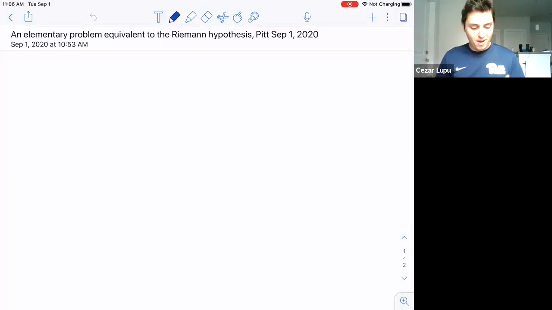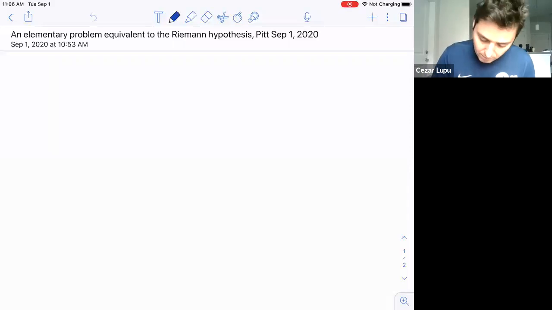But somehow I managed to put my hands on this paper, and I was very fascinated because it was such an elementary restatement of the famous Riemann hypothesis. So, just like the title says, let me dive directly into the subject, and the following problem.